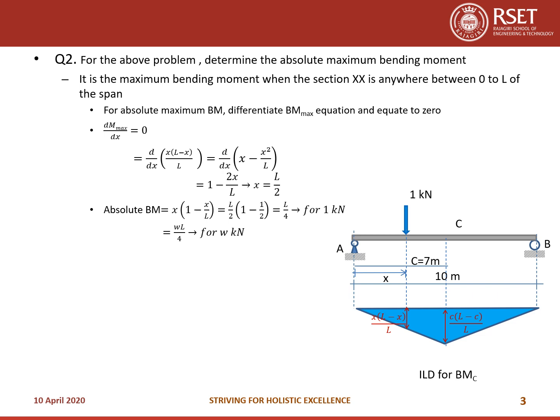So absolute bending moment will be x into L minus x by L. So put x is equal to L by 2 there, you will be getting L by 4 which is for 1 kilonewton. So for 5 kilonewtons it will be WL by 4. So in this case it is W into 10 by 4, that is 12.5 kilonewton meters. So it happens at the mid span and that value is 12.5 kilonewton meters. That we have already seen using the bending moment diagram also.